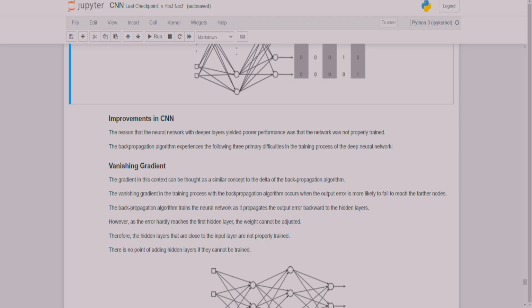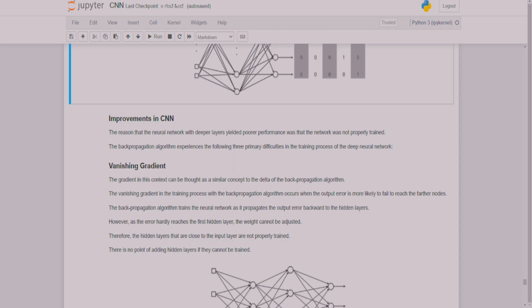If the metric used for performance analysis is accuracy, we think accuracy should increase. But actually, if you simply keep on increasing the number of hidden layers, we face problems instead of getting better results.